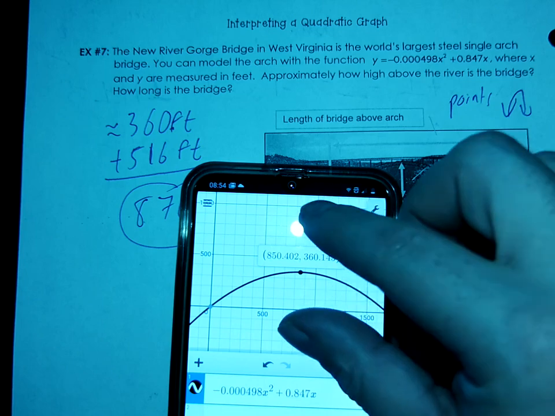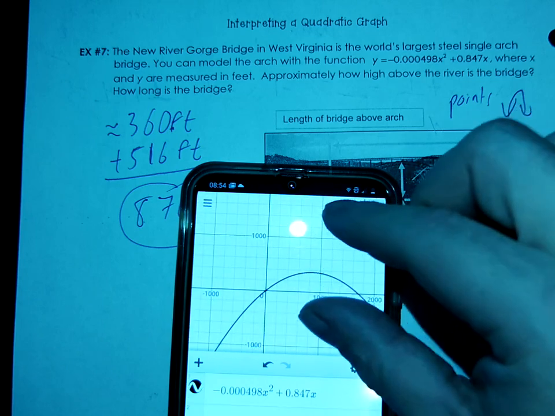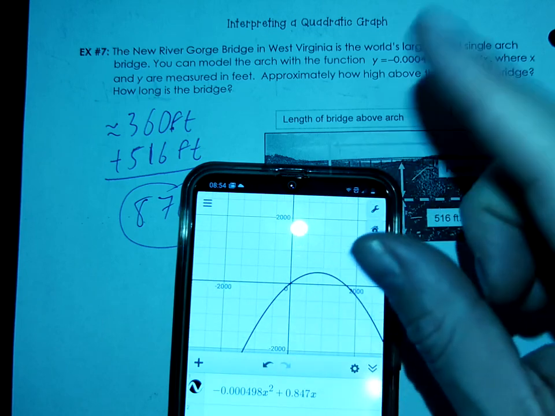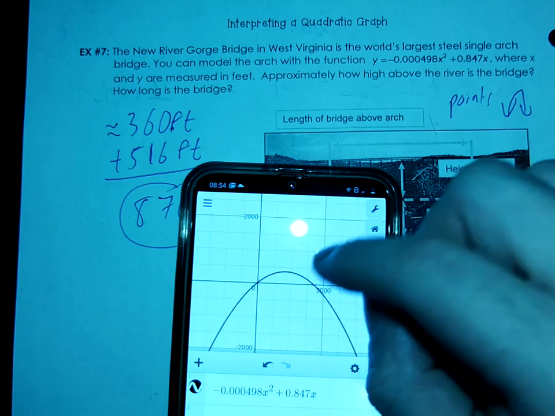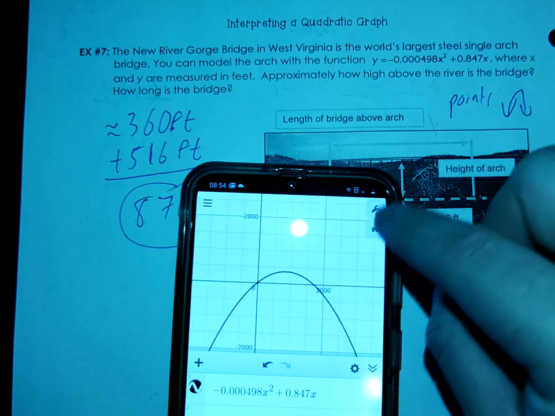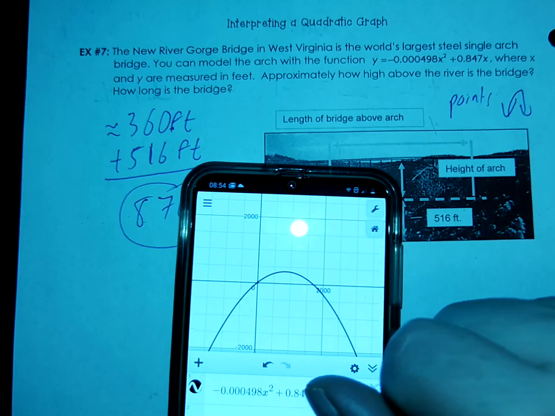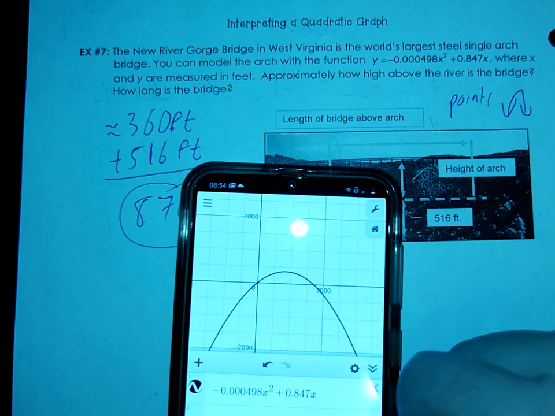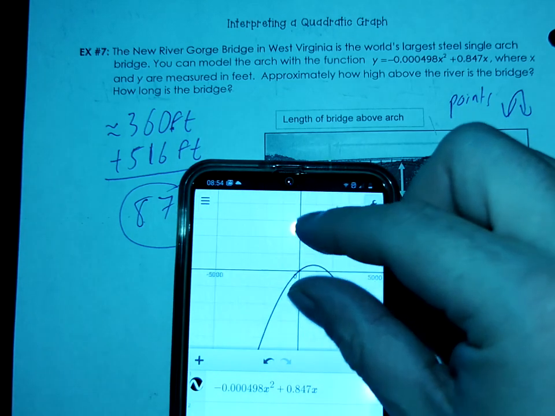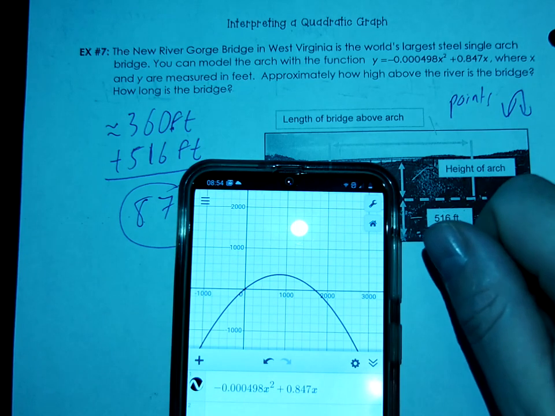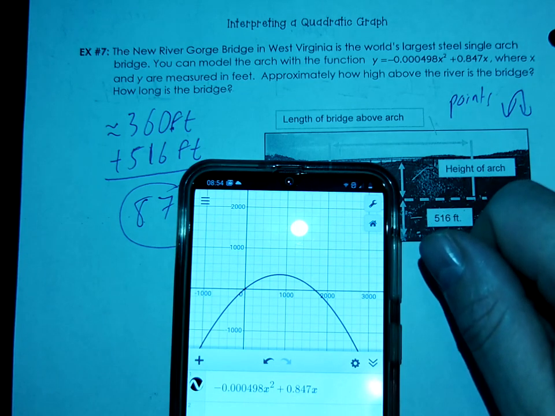But on the phone version, because it's like a photo, you can zoom in and out just with your hands. So if you're using this on your Chromebook, there's a little plus and a minus that you can zoom in and out with, instead of the photo type deal that Desmos has on the phone.